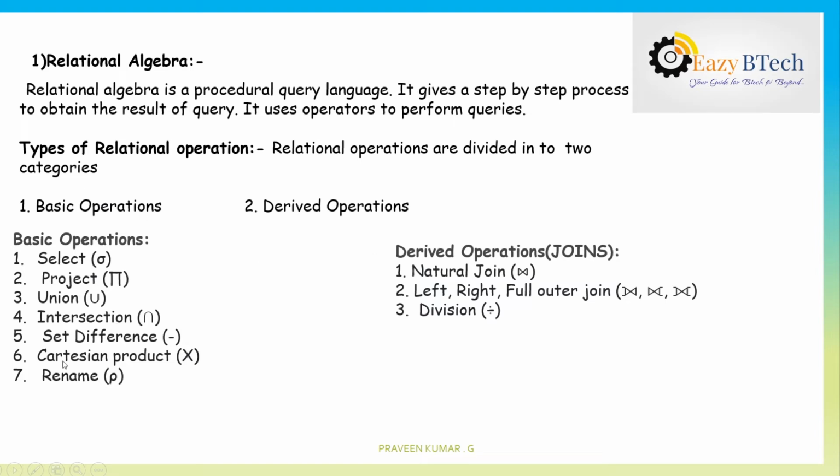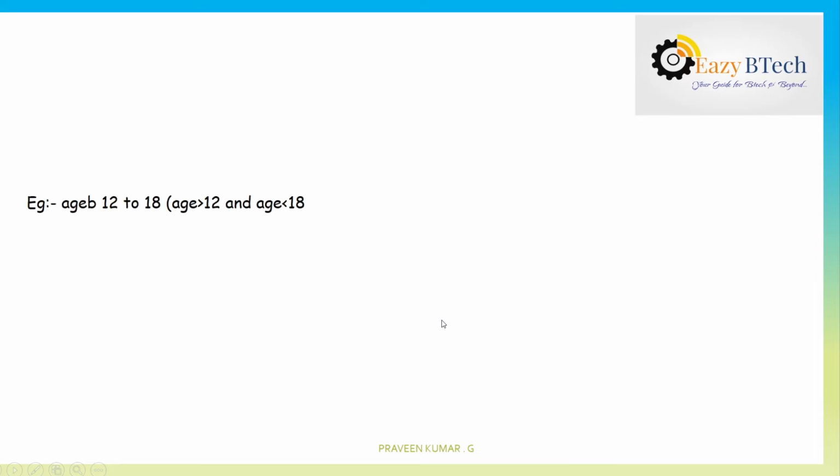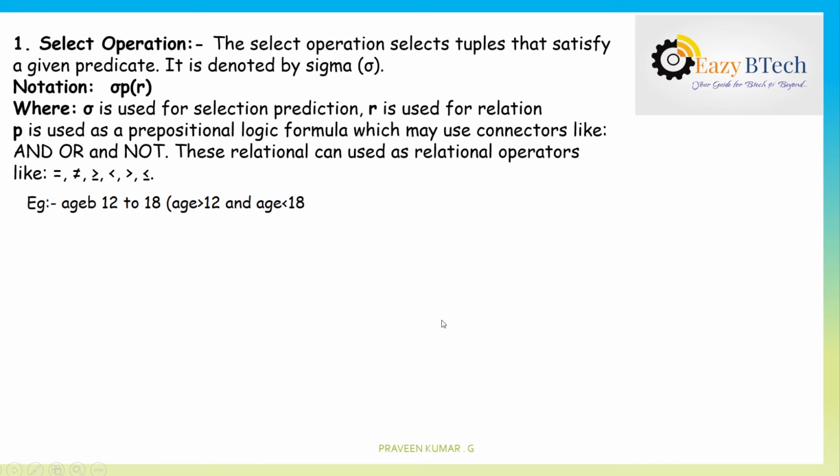In the basic operations we have a total of 7: select, project, union, intersection, set difference, Cartesian product and rename. In the derived operations we have join, natural join, left join, right join, full outer join and division.